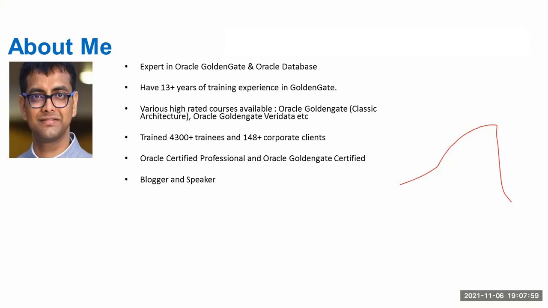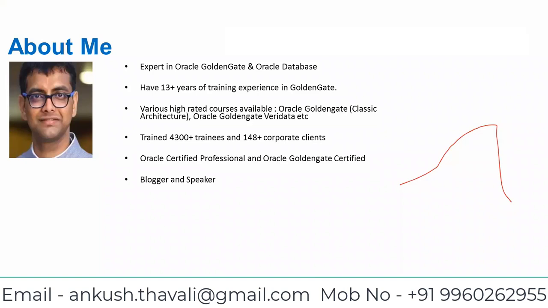You'll understand what all these are as we continue. I have trained more than 4,300 trainees so far and taken 148 plus corporate batches in Oracle Golden Gate. The feedback has been very good. I'm an Oracle certified professional and Oracle Golden Gate certified as well.